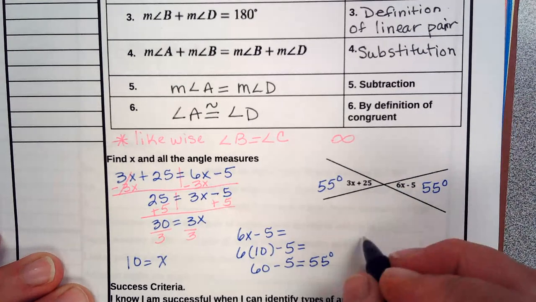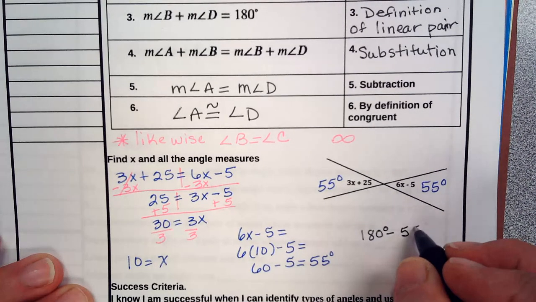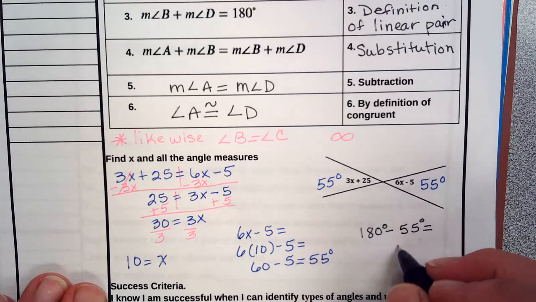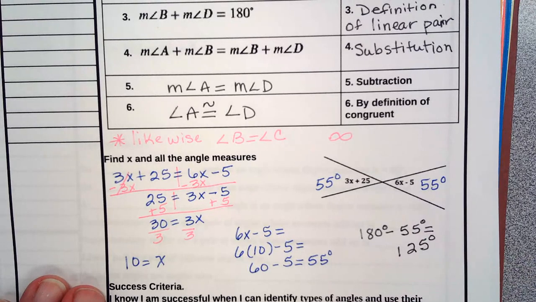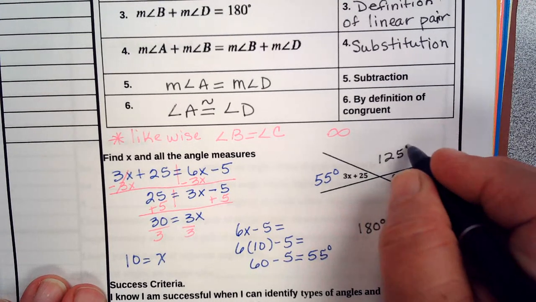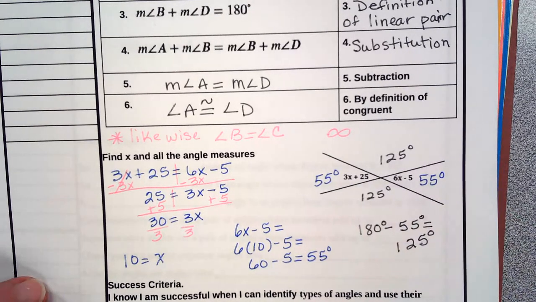So I can take 180 degrees minus 55 degrees, and I will get 125 degrees. Vertical angles are congruent. I am now done.